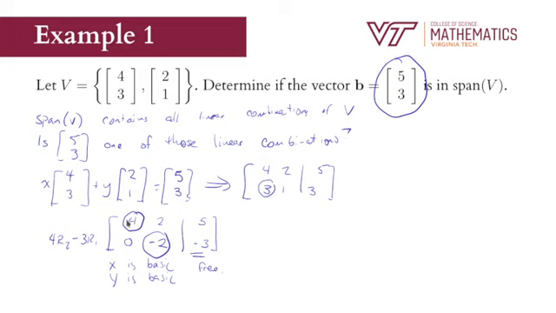Then once we have that solution, we can solve 4x plus 2y equals 5. What makes a solution not exist is having a leading entry in the augmented column. That is, we don't have a row like 0, 0, and then something over here that's not 0. And so there is a solution.